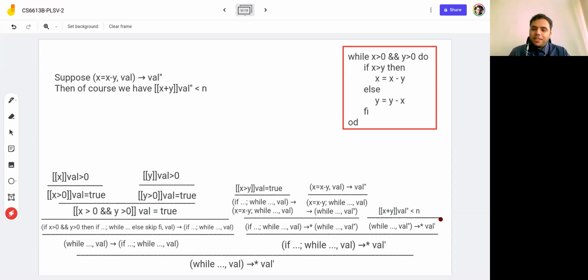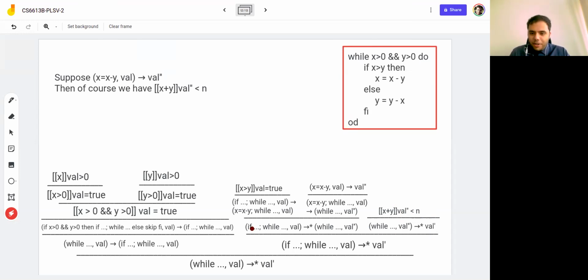Because of the induction hypothesis, I know that whenever in the initial valuation, which is val double prime here, x plus y is less than n, this whole thing would terminate. So this is the hypothesis, and because x plus y is now less than n in val double prime, I know that this thing terminates.